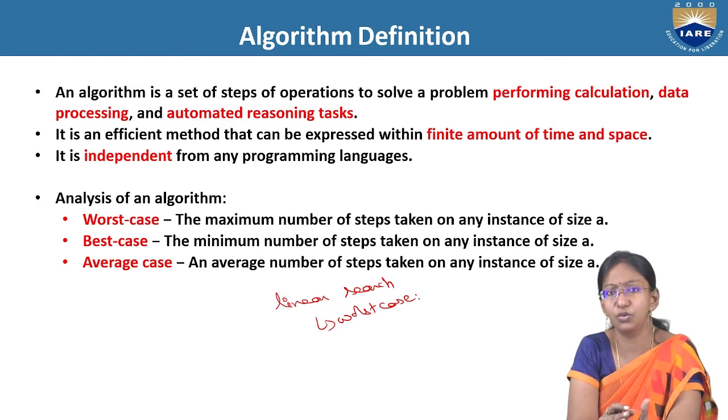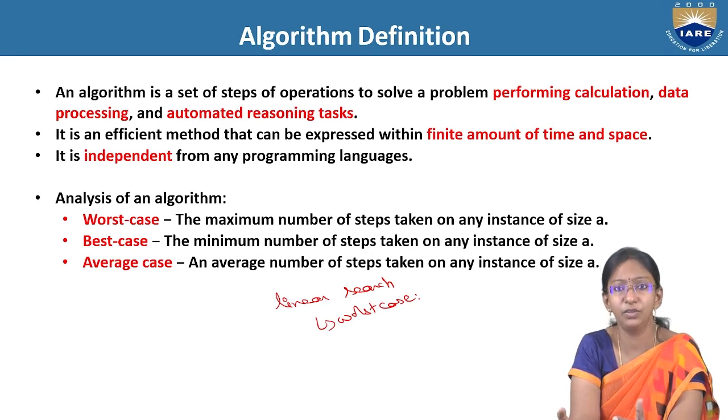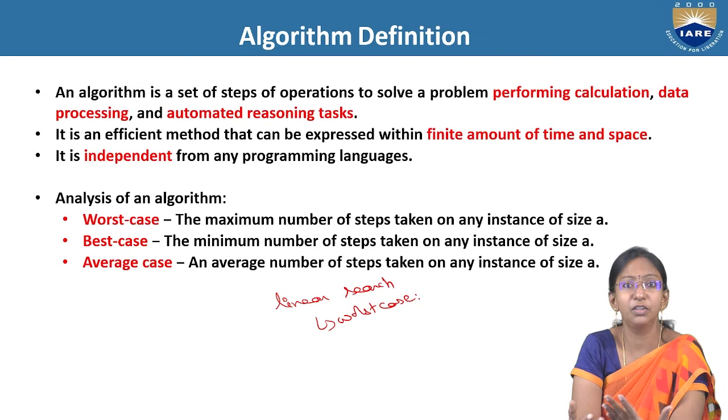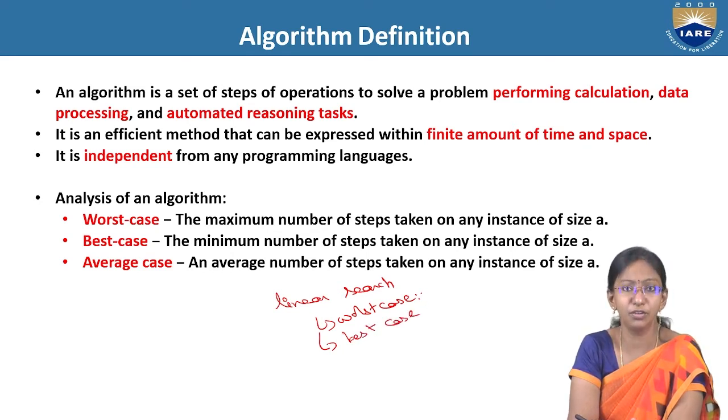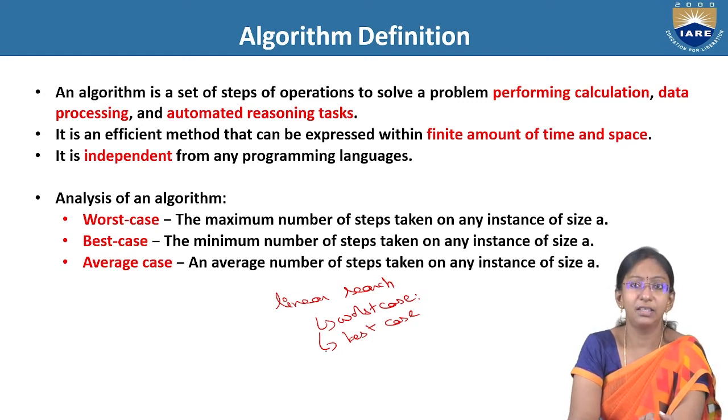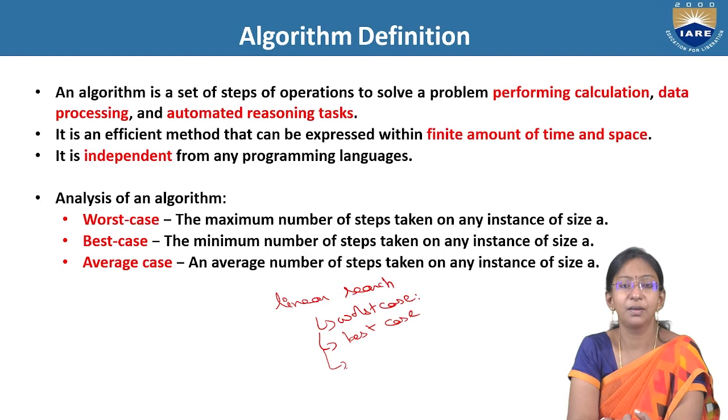You will be searching throughout the list, and at the end of the day, you will realize that the element does not exist. That is the worst case. The best case is a case where the first element itself is the element which you are searching for. Next, the average case is a collection of all the cases.